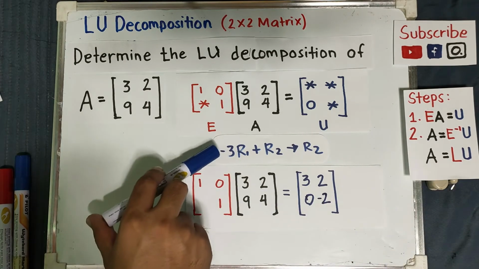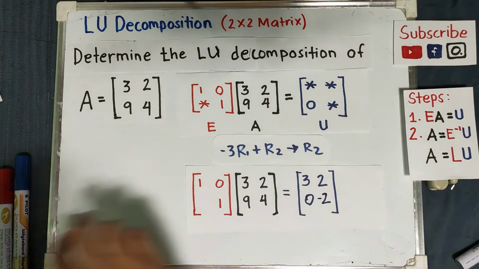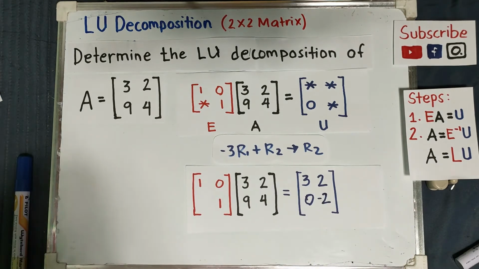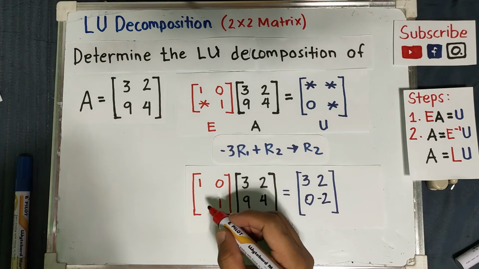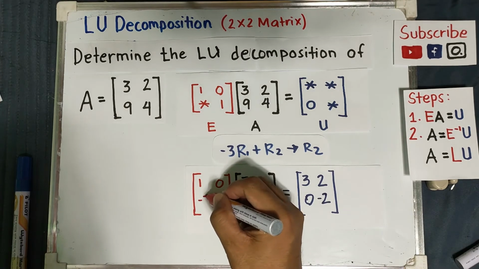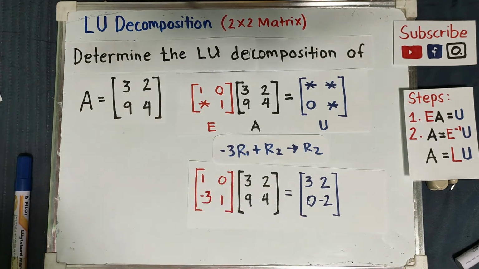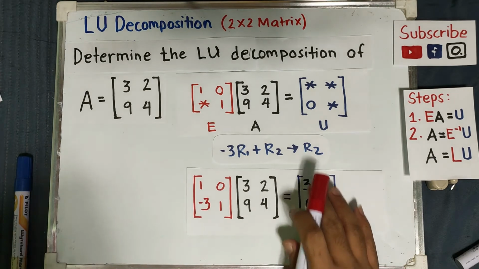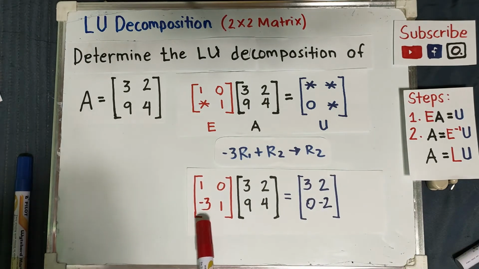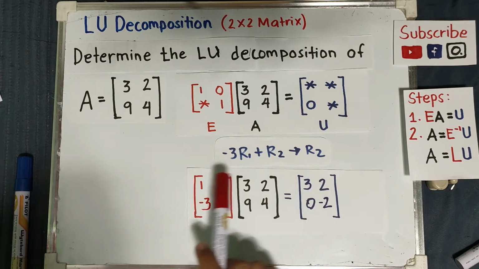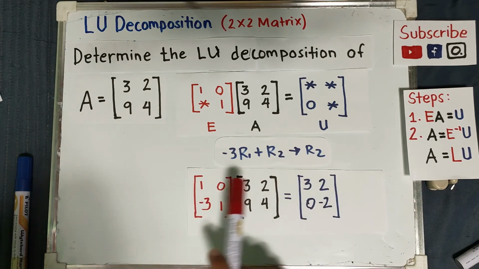Our multiplier is negative 3. So that is the value we put in our elementary matrix. So, negative 3. That is our solution in step number 1. Alright? We have our E, A, and our U. Okay? So those are the contents of the matrices.